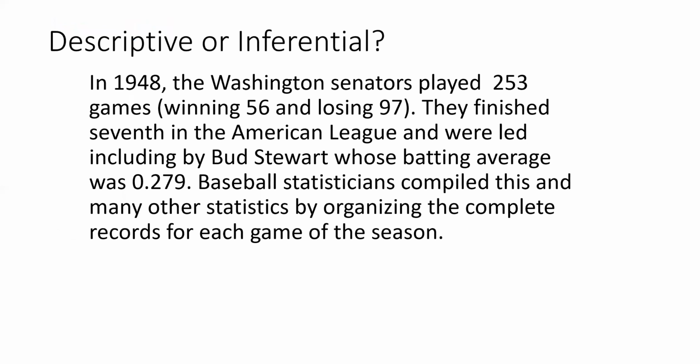So let's see if you can tell one from another. Here's an example. In 1948, the Washington Senators played 253 games, winning 56 and losing 97. They finished seventh in the American League and were led, including by Bud Stewart, whose batting average was 0.279.